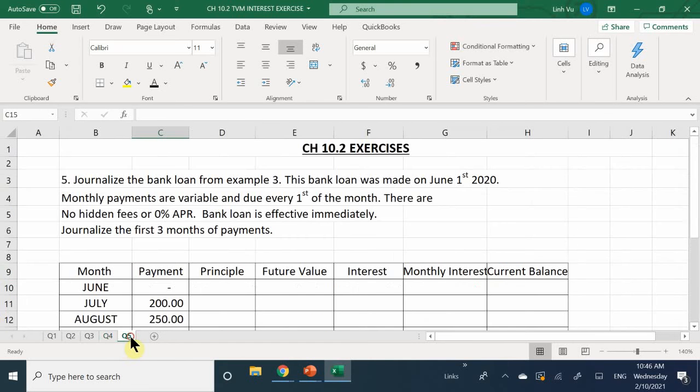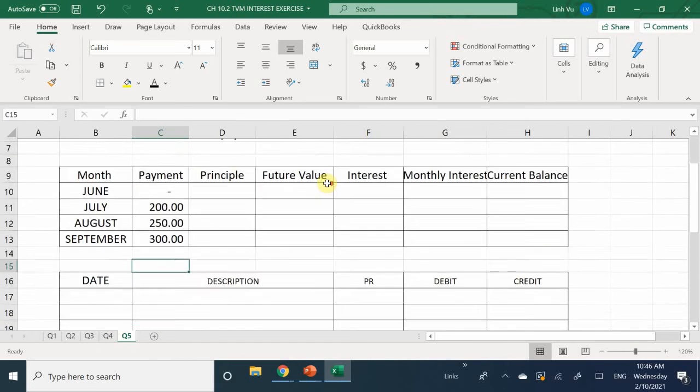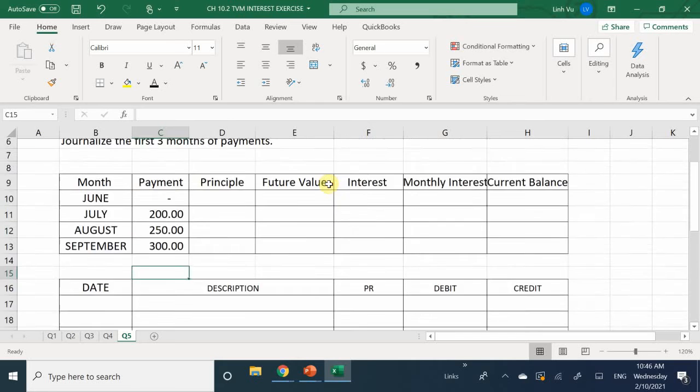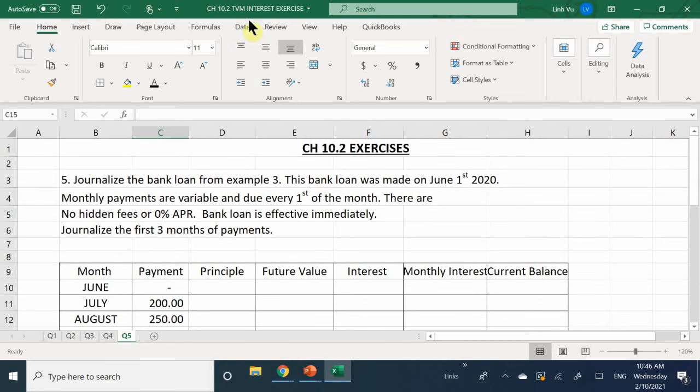So I'm going to go ahead and show you this example here. This is kind of a real life scenario of what happens when you take a loan out and you're making your monthly payments and how much it's actually calculating in.